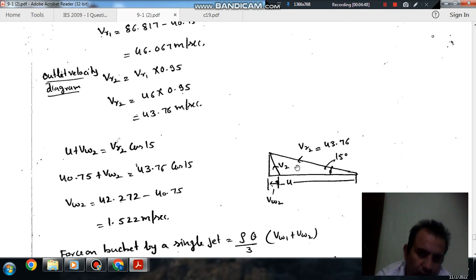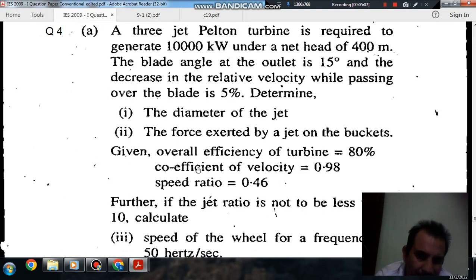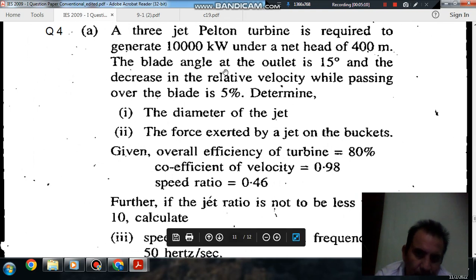So this is your outlet velocity diagram. This is your VR2, this is V2, this is relative velocity, this is absolute velocity, this is whirl component, this is flow component, and this is your blade velocity. And this is your blade angle, given as 15 degree at outlet.